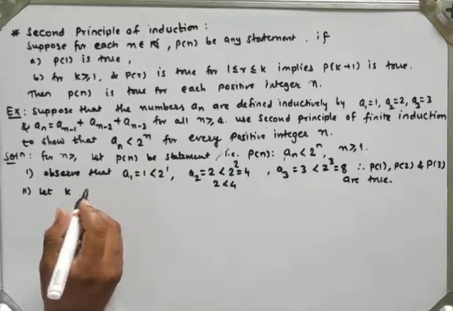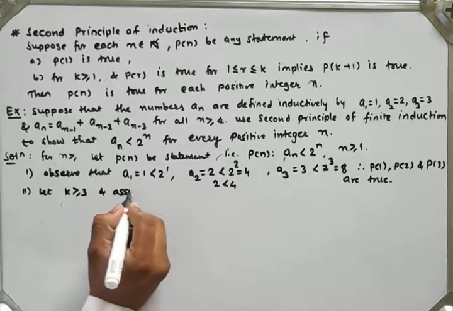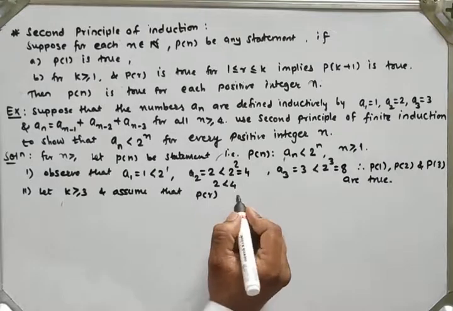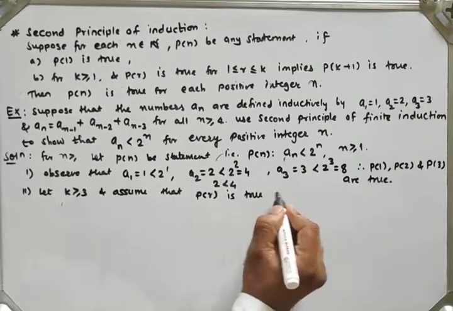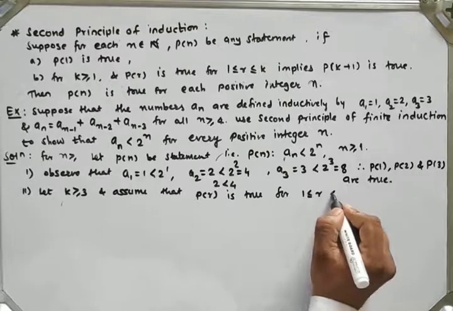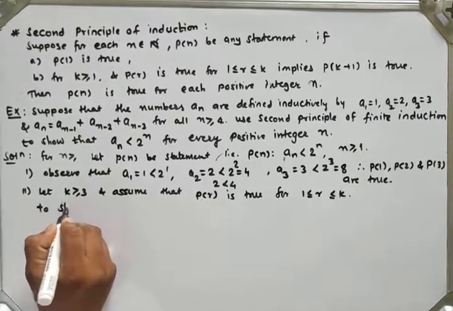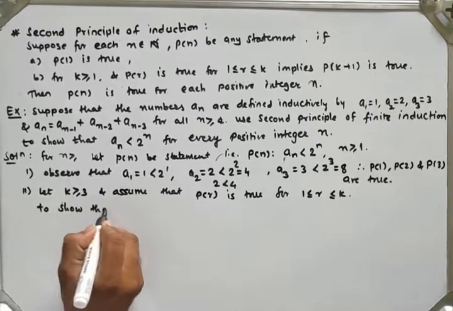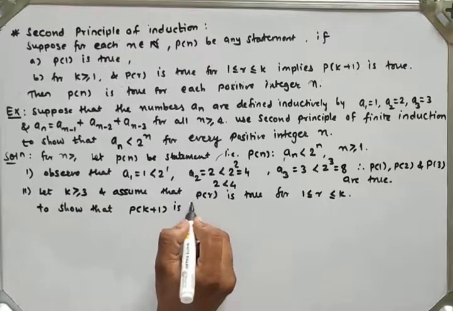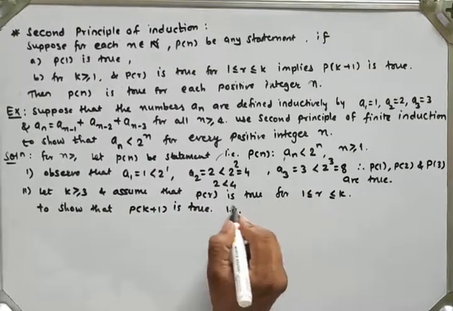Here I will take k greater than or equal to 3 and assume that P(r) is true for 1 less than or equal to r less than or equal to k. Now what we have to show is that P(k+1) is true.